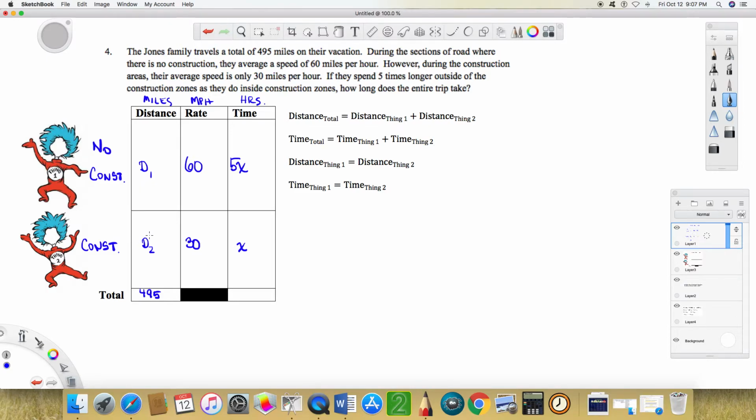The distance at 30 miles per hour for just a short time in comparison, you wouldn't have gone as far. All right. So now the total time here, I guess, is 6x, and that's eventually what we want to figure out.